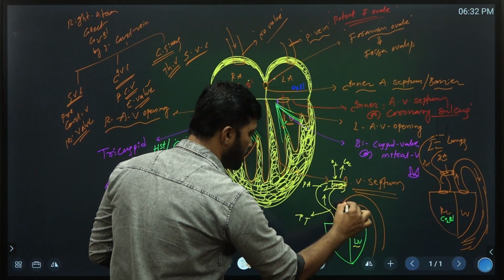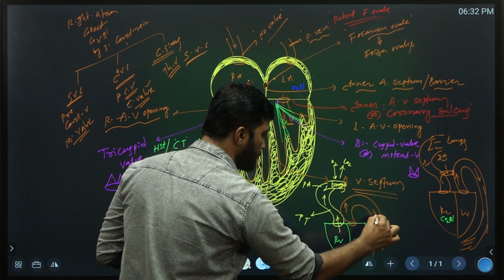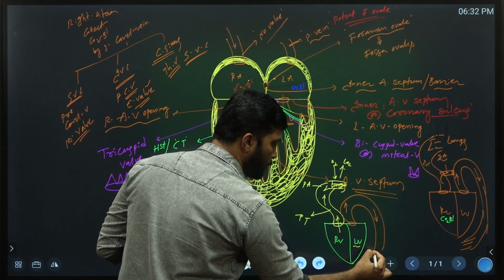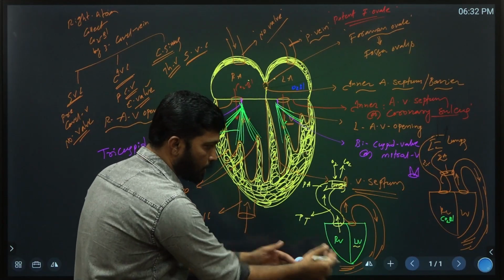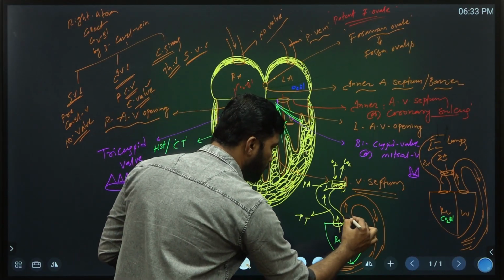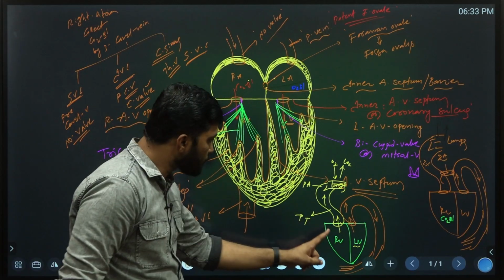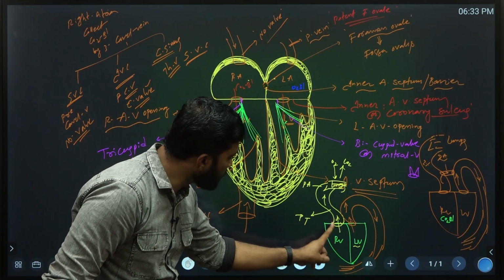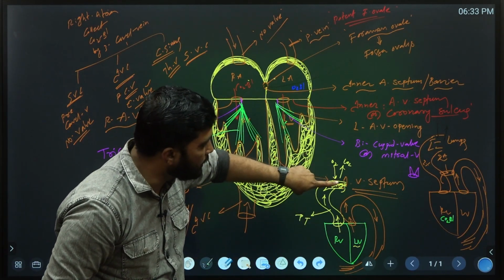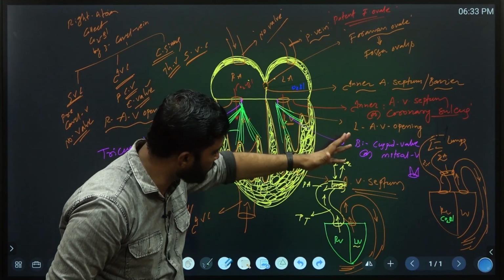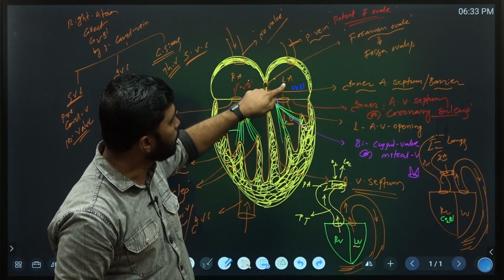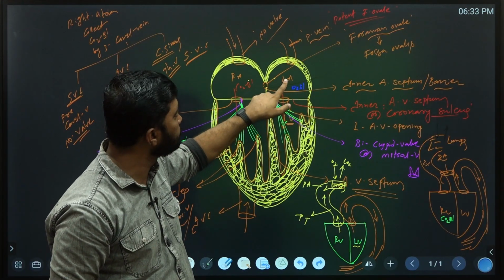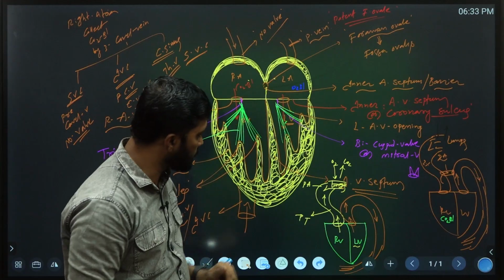This is the ascending aorta, descending aorta, arteries, arterioles, and the capillaries, where exchange happens. Means the right ventricle's carbon dioxide blood, that is deoxygenated blood, moves towards the lungs for gas exchange. Then after exchange, the oxygenated blood moves towards the left atrium by the pulmonary veins, right?